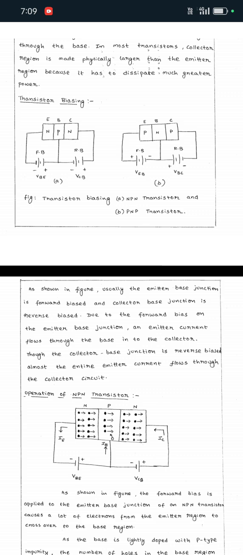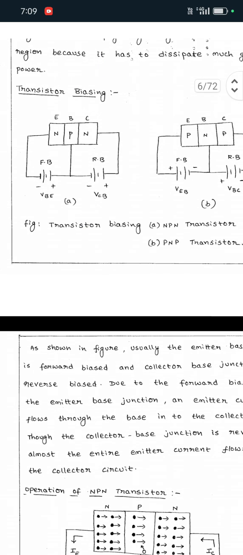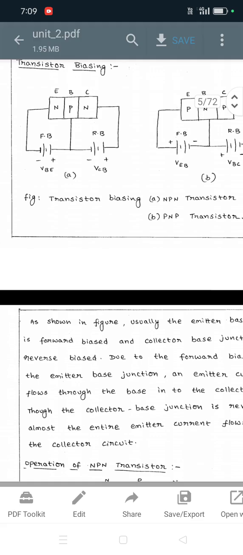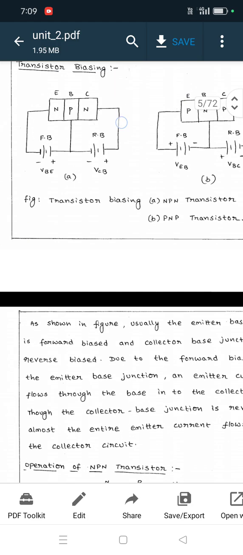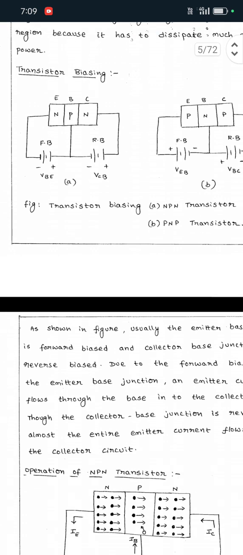That external voltage is DC voltage. Usually the emitter base junction is forward biased. Here is an NPN transistor, so between emitter and base it is forward biased, and between collector and base it is reverse biased. So usually the emitter base junction is forward biased and the collector base junction is reverse biased.